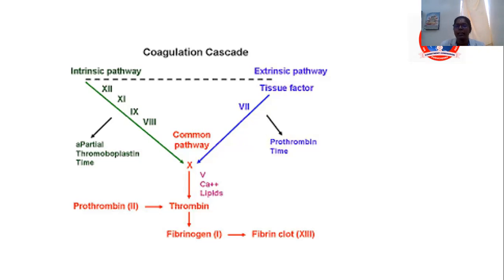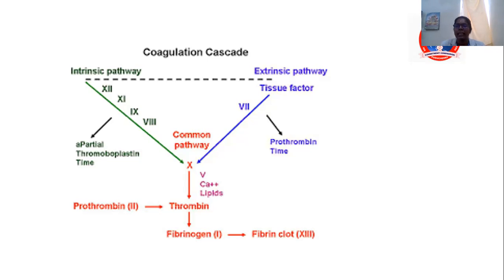Once factor 10 is activated, with the help of factor 5 and calcium, prothrombin will be converted into thrombin, and this test is the thrombin time. The formed thrombin will activate fibrinogen and finally lead to clot formation, the fibrin clot. So this is the coagulation cascade pathway.